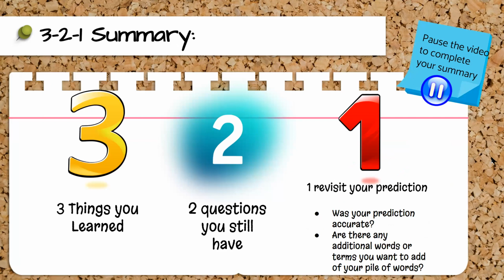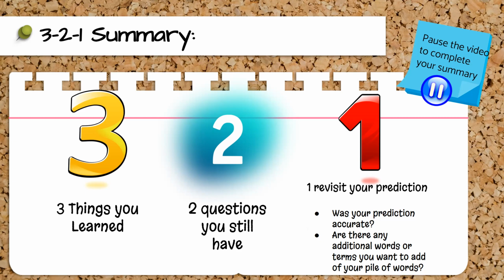In summary, today we are going to ask you to grab your pen and paper again, and at the bottom of your graphic organizer where you have been keeping your notes, if you would do a 3, 2, 1 summary. This is another lead forward strategy. So 3, would you write down 3 things you learned today about academic vocabulary instruction in your math classroom? 2, write down 2 questions you still have or 2 things you're still wondering about.